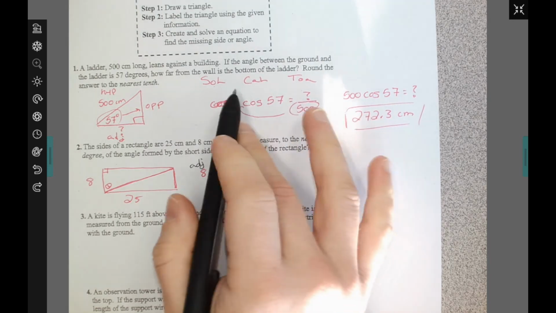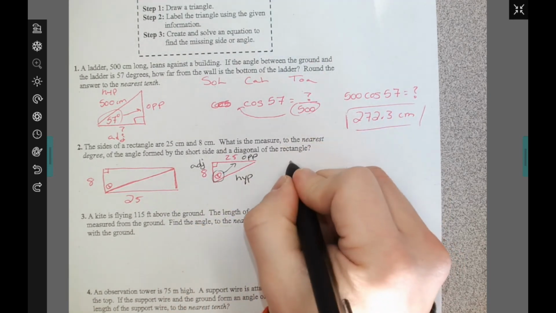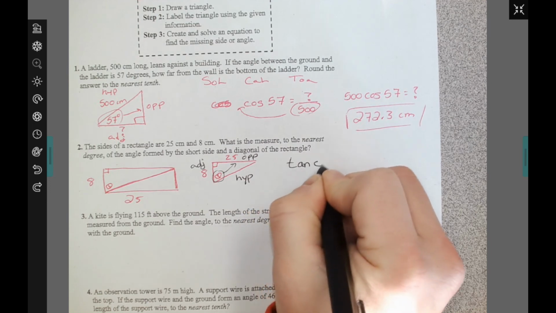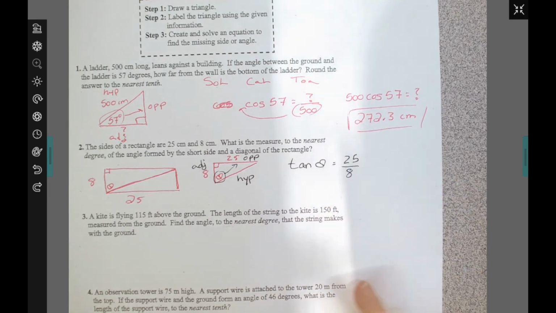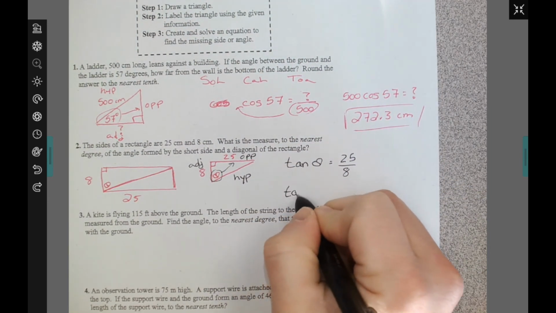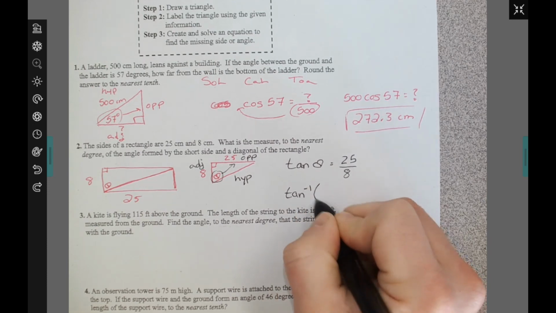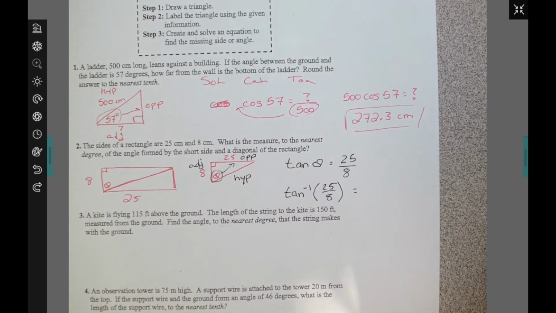So going back to SOHCAHTOA, if they have opposite and adjacent given to us, it's going to be the tangent of theta equals my opposite over adjacent. And then remember, whenever you're solving for an angle, it's going to be -1. So we got tan -1 of 25 over 8. And then it's calculator time again.